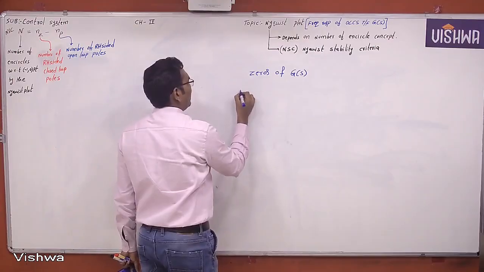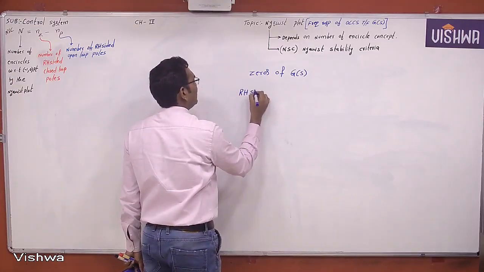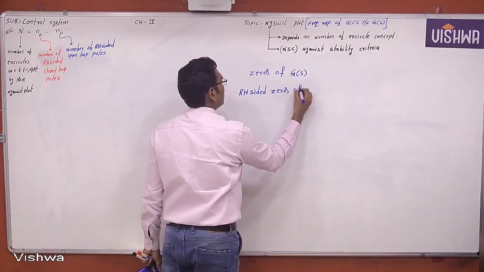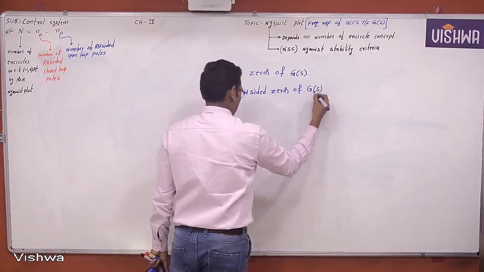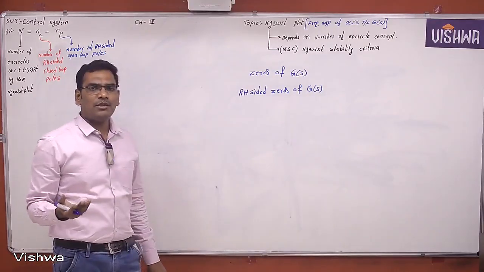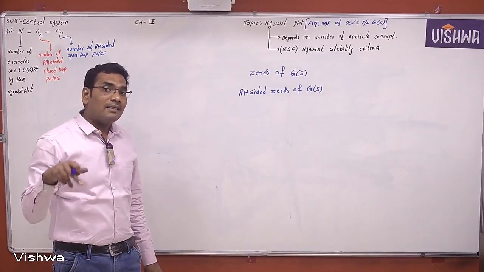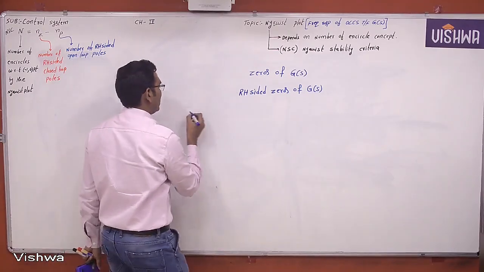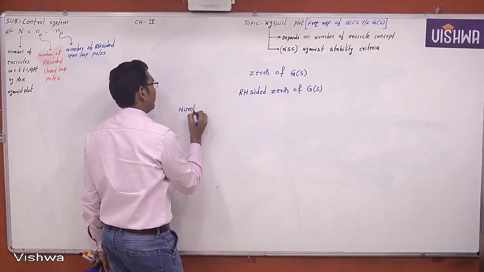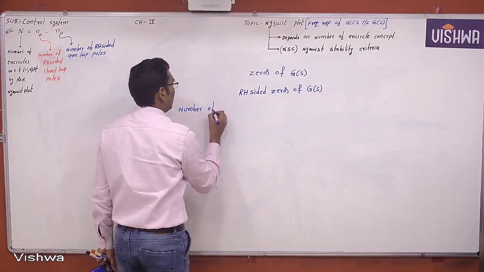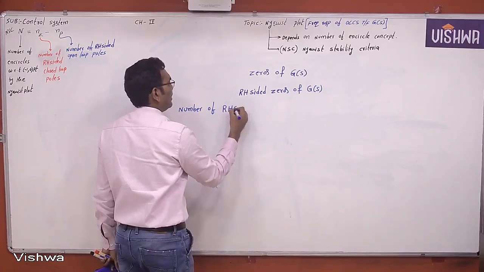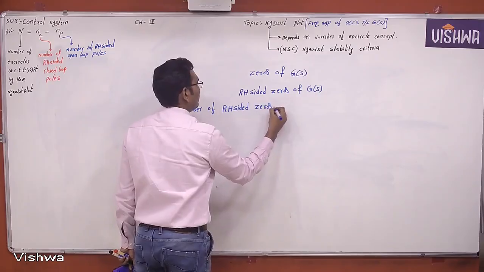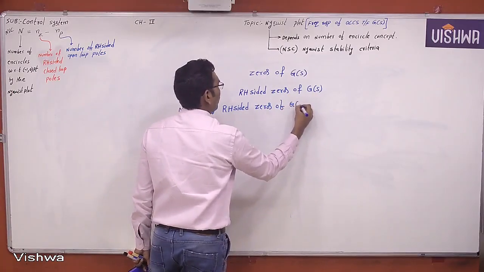Now second step, I am taking the right hand sided zeros of the open loop control system, which means there may be zeros in the open loop control system and those zeros may be on the right hand side. Okay. Next, third step, I am saying the number of right hand sided zeros of the open loop control system.